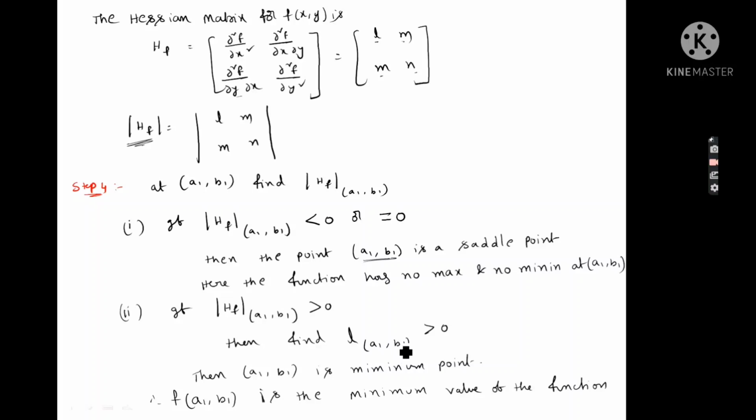If that value is also greater than 0, then the point is a minimum point. If it is positive, then the point is a minimum. Now, by substituting that point in the function, we get the minimum value of the function.